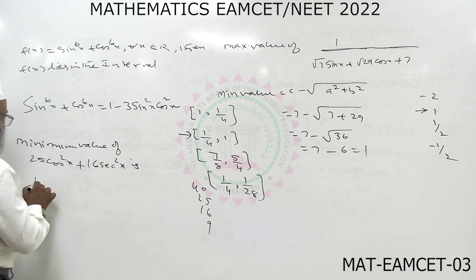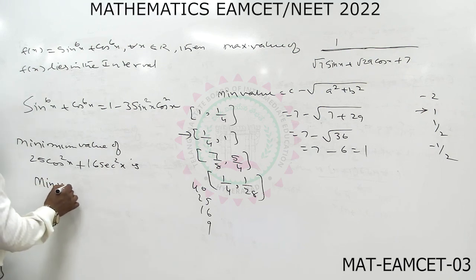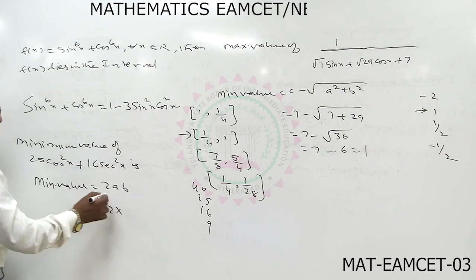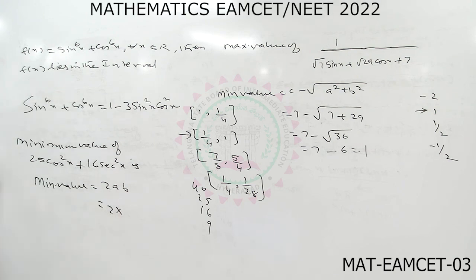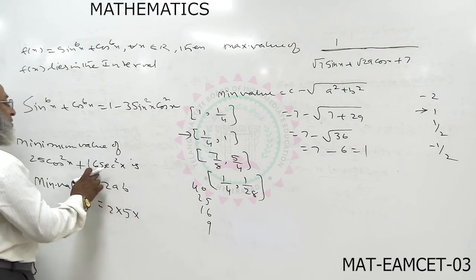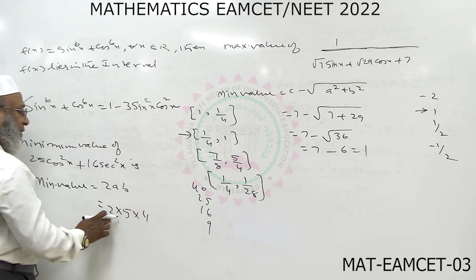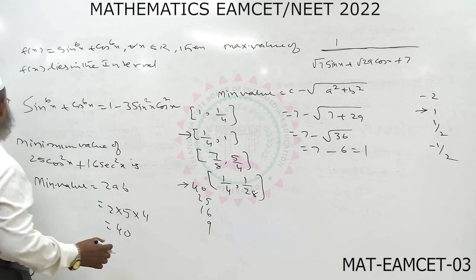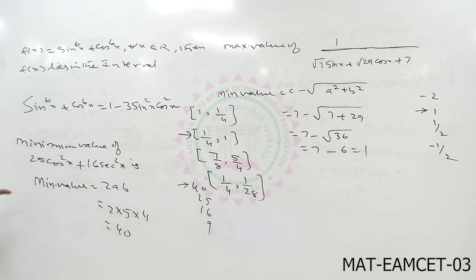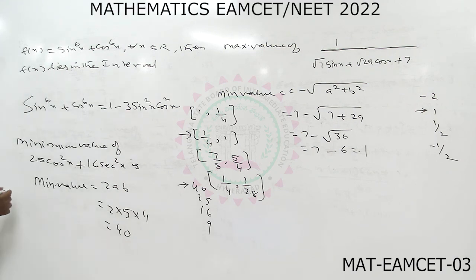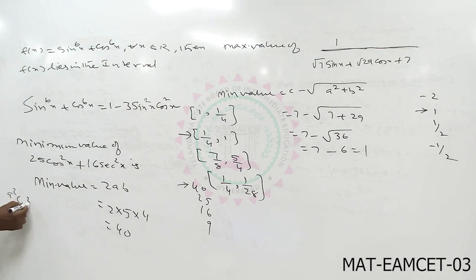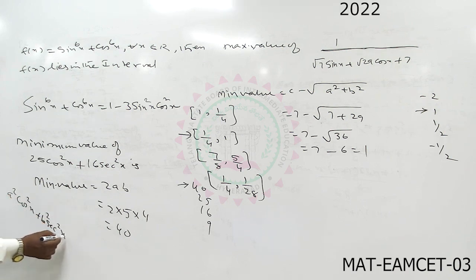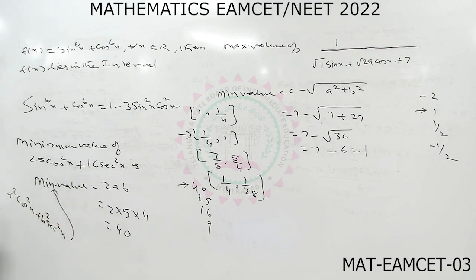The minimum value is equal to 2 root ab. Here a is 25 and b is 16, so it becomes 2 into 5 into 4, 10 into 4 is 40. Therefore, the first option is the correct one. So, what is the formula? For a square cos square x plus b square sec square x, the minimum value is 2ab.